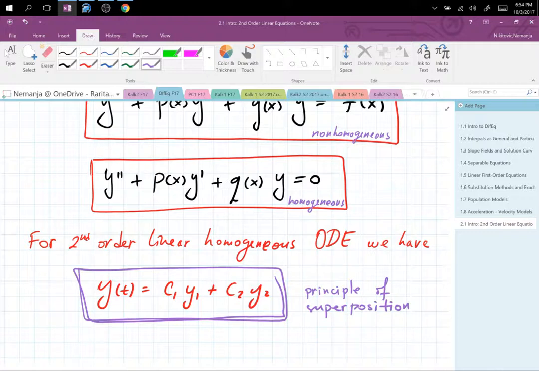The proof of this, if you're interested in proofs, is outlined on page 102.